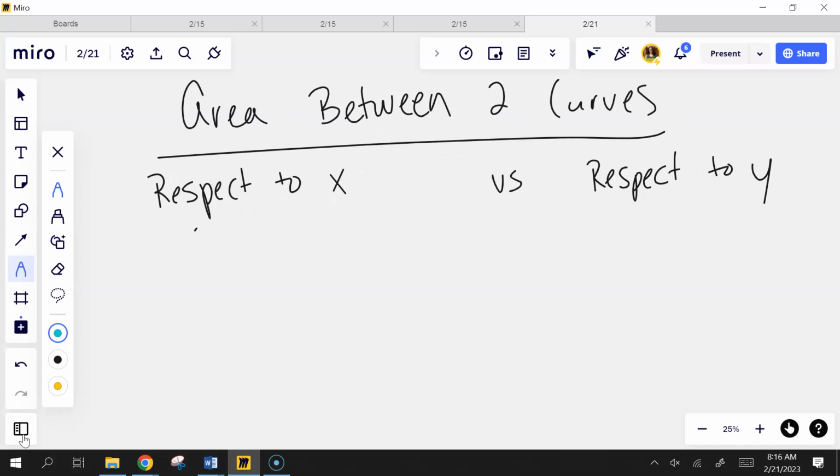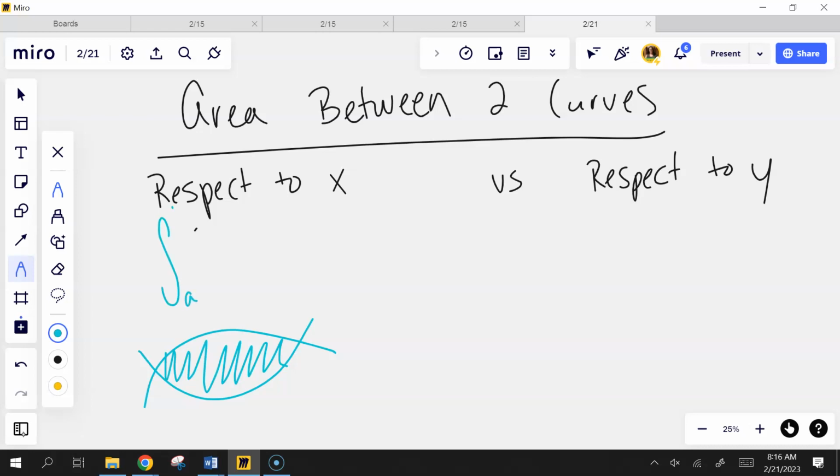Here's what I'm going to do. If I'm with respect to x, remember this is area between two curves, so it might look something like this, and I'm trying to find this area, right? To do that, I'm going to do the integral. This A and this B are the points where these two curves intersect.